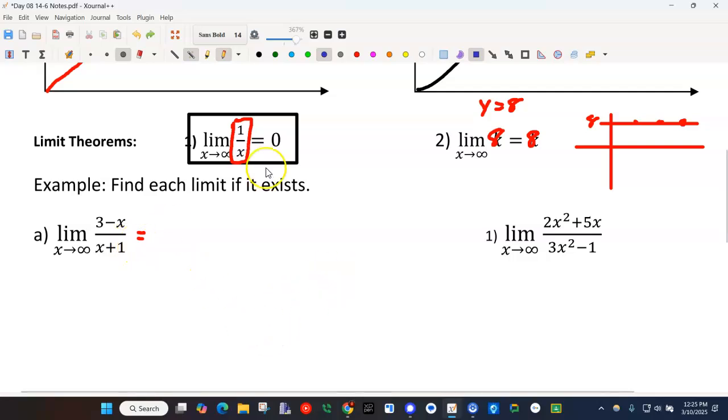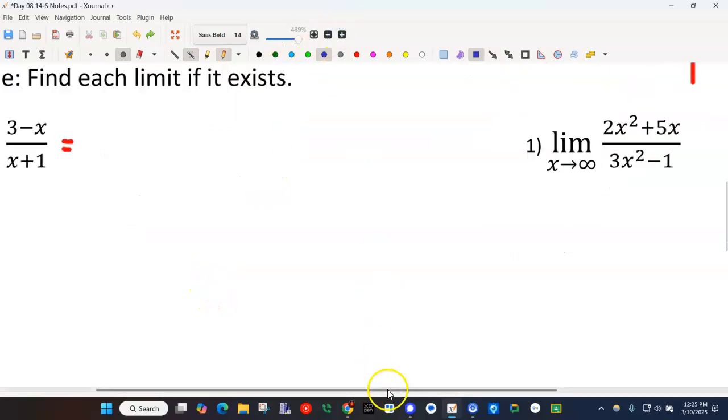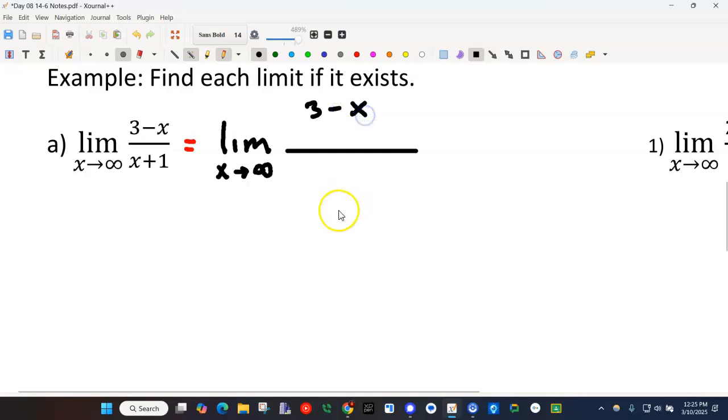So what we're going to do is the same thing we did before, right, with these types of problems. We are going to go through and divide everything by the largest power of x, right? So we look at this and say, 3 minus x, and I leave a little space because I'm going to divide underneath it, and x plus 1 underneath, and then go through and look at what is the largest degree.